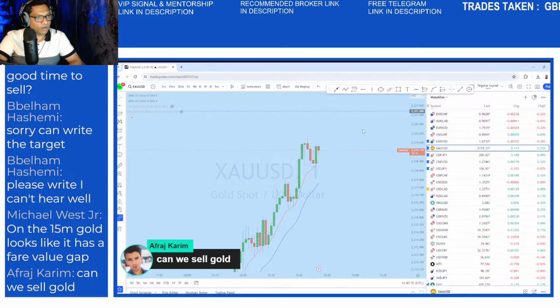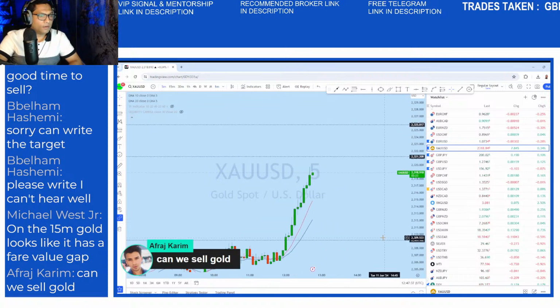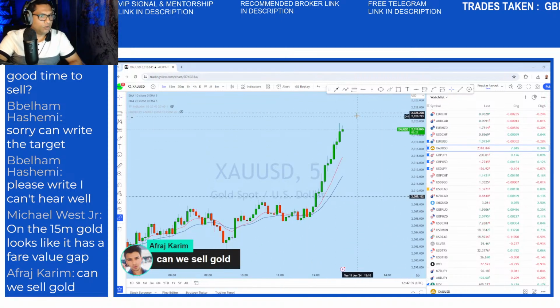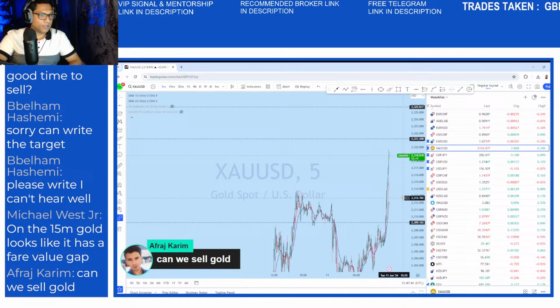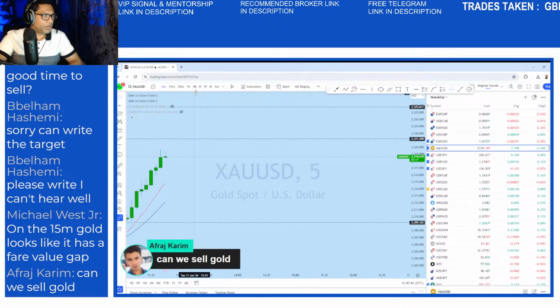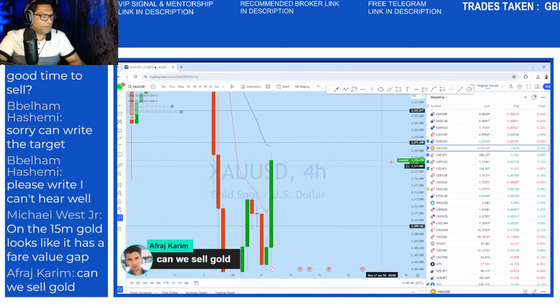So far, very good movement, huge move. This is a very unusual breakout. Let's see what might be happening.